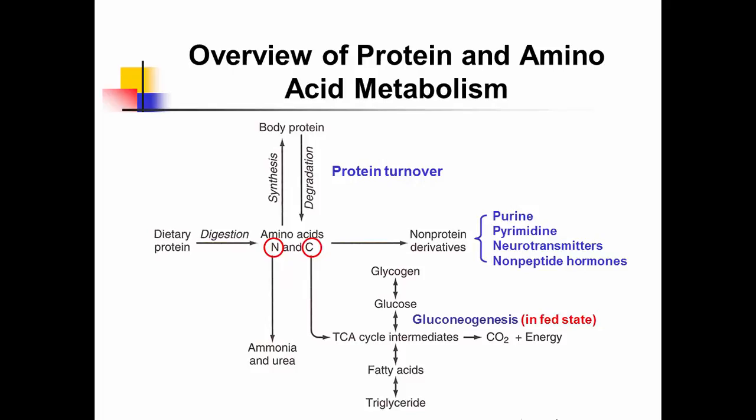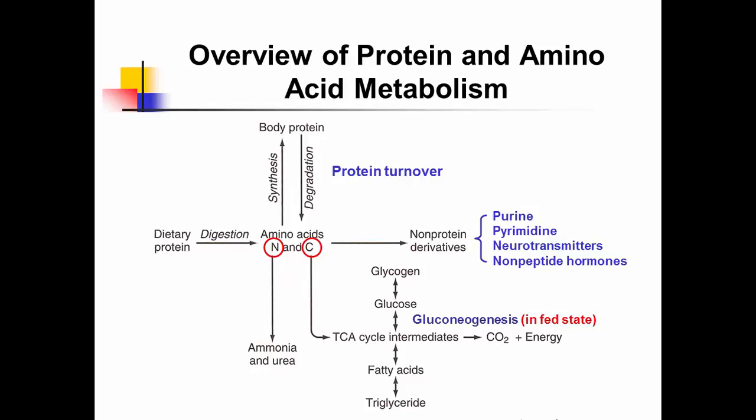And also the carbons of amino acids can be converted to glucose and also fatty acids, which occurs under the fed condition, right? When we have a lot of nutrients taken from the diet, and we have extra amino acids, protein, then we need to convert this to stored energy, either as glycogen or triglyceride, right?